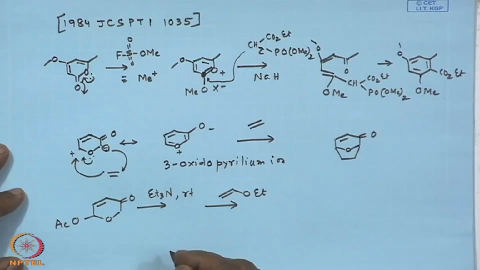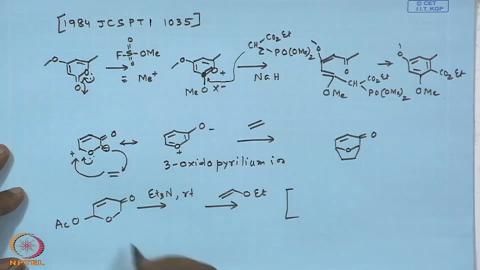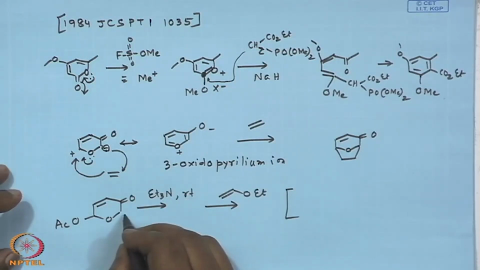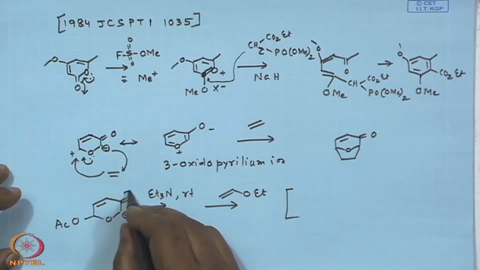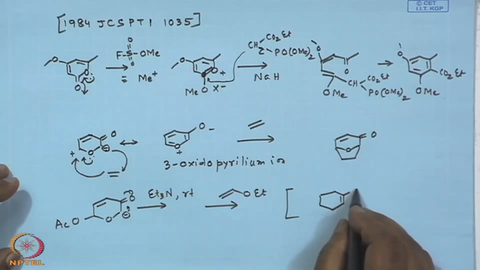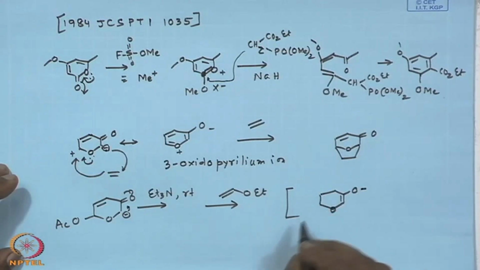So, what do you expect from this series of reactions? See, this is triethylamine at room temperature, that means the very first reaction forms the carbanion here, it forms this oxido part here, and oxygen here.